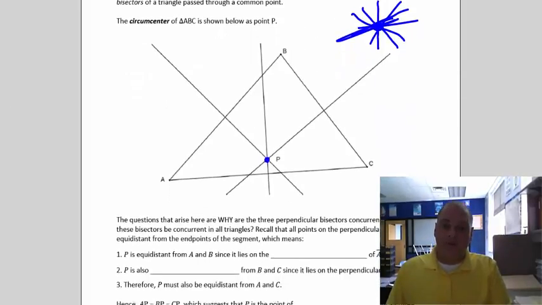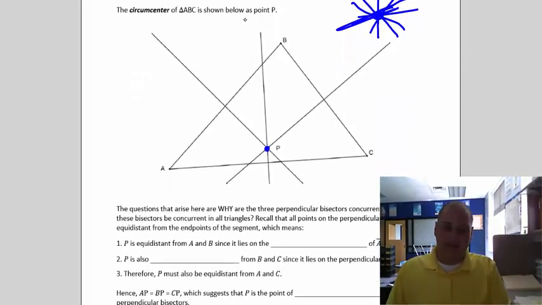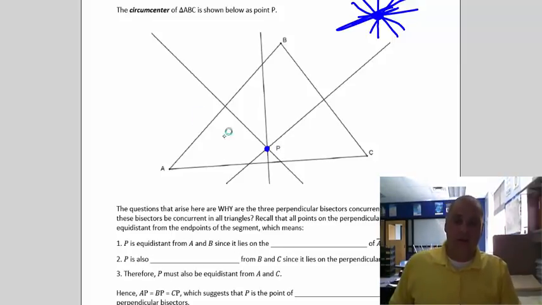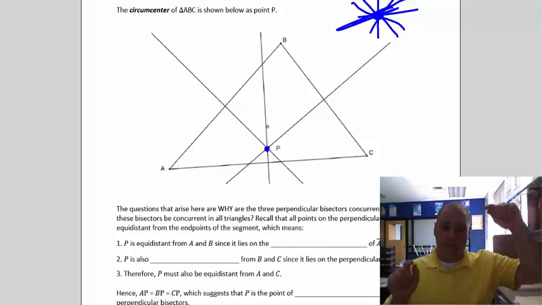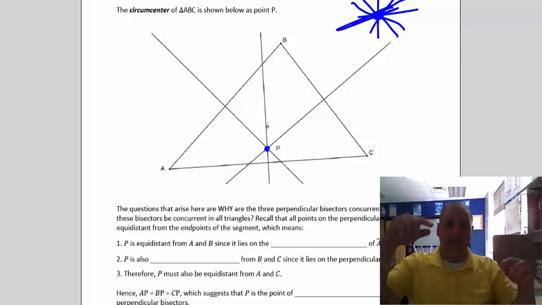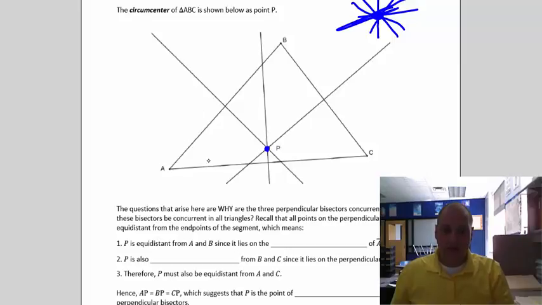The circumcenter of triangle ABC is shown below. What they did right here, and we constructed this in our last lesson, is the perpendicular bisector. Each segment, AB, BC, AC, has a perpendicular bisector.